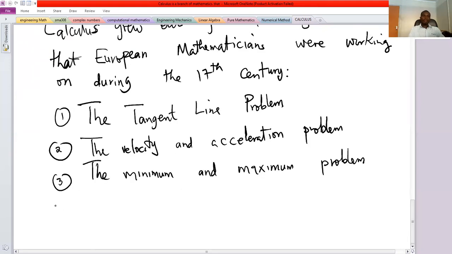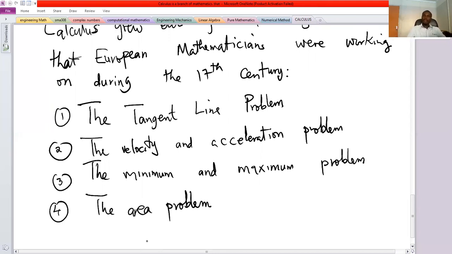And then number four, the area problem. So these were the main four questions that have led to the growth or development of calculus: the tangent line problem, velocity and acceleration problem, minimum and maximum problem, and area problem.